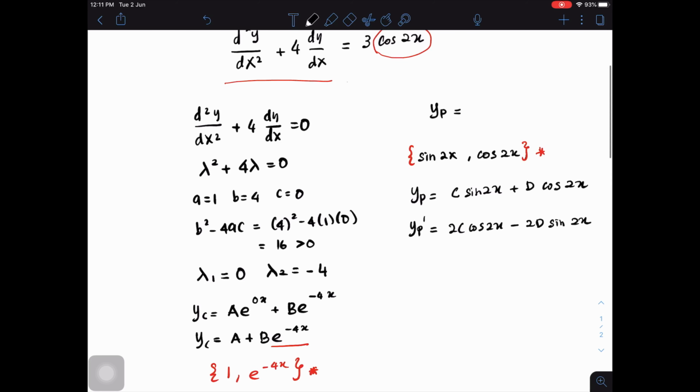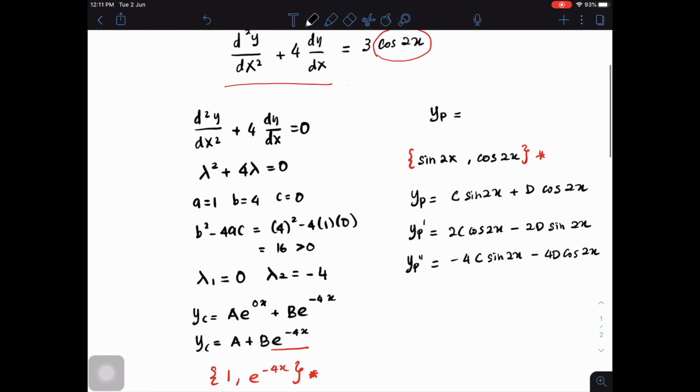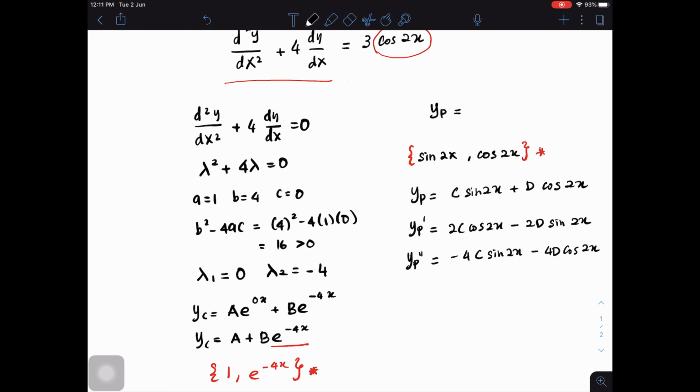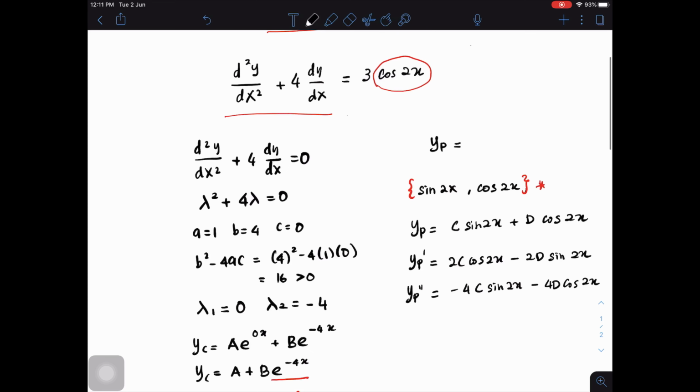Okay, then you find your yp double prime as before, so you will get negative 4c sine 2x minus 4d cos 2x.